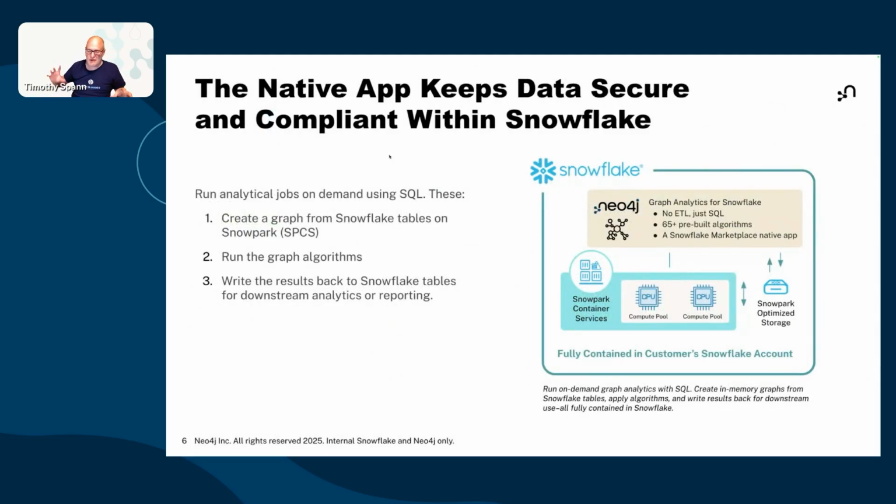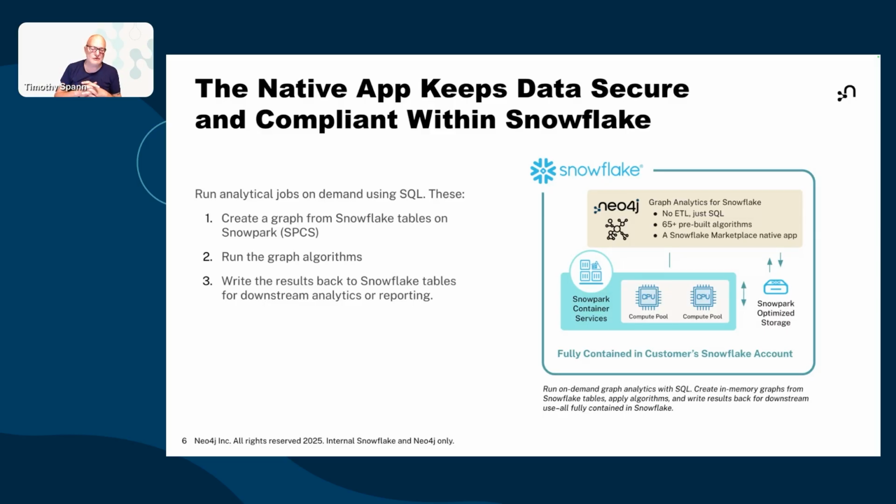What's cool is you don't have to try to figure out how am I going to connect these two systems. I could create graphs right from Snowflake tables and run that in our Snowpark that runs on containers. This is great. Like I said, that number and the versions keep going up. Every time you check, Neo4j's done an upgrade, so it makes it very easy to get a lot of different algorithms very easily.